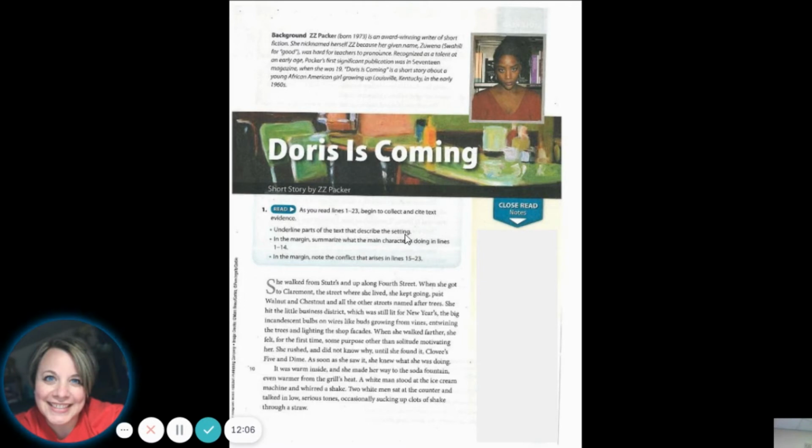Okay, they tell us exactly what we should be looking for. So they tell us as we read lines 1 to 23, begin to collect and cite text evidence. Okay, they're reminding us that we need to be looking for information to support what we're saying. Underline parts of the text that describe the setting.